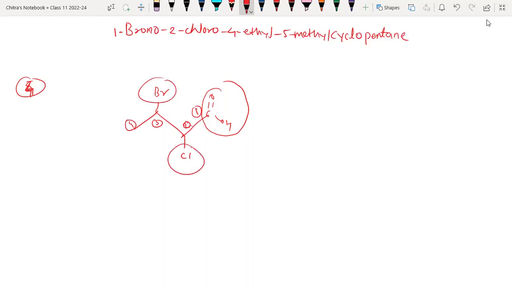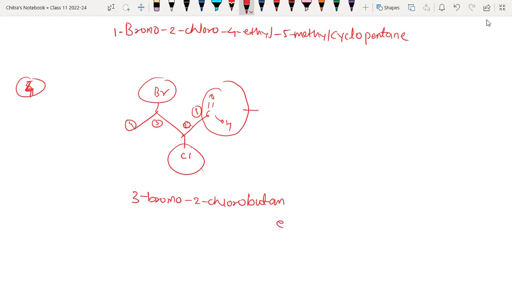Now we have to write the name first for substitution. So B will come first, then C. B is on 3rd, so 3 bromo, 2 chloro. Then number of carbon, is it cyclic? No, leave it. Number of carbon we have 4, so for 4 we are using but. Again carbon single bond, so it is AN. And instead of E, we have to use oic acid.